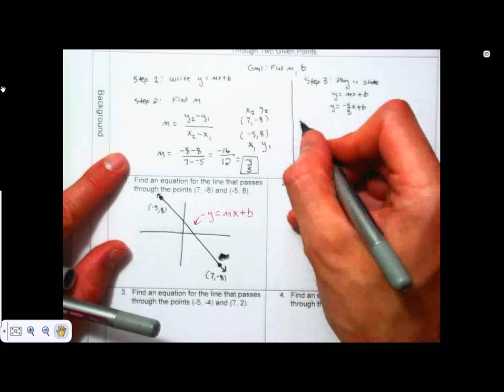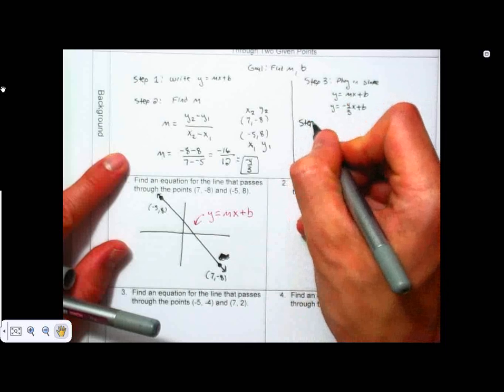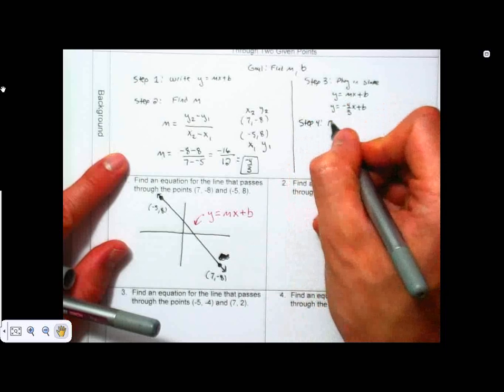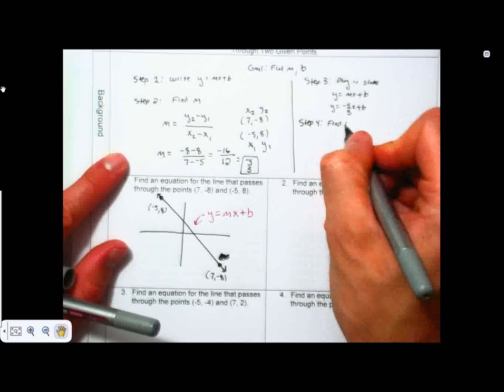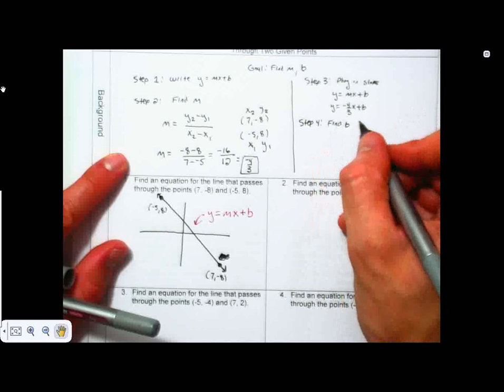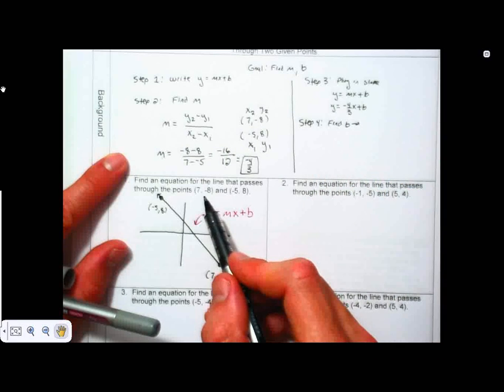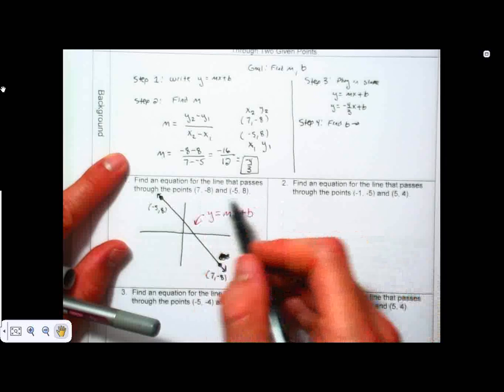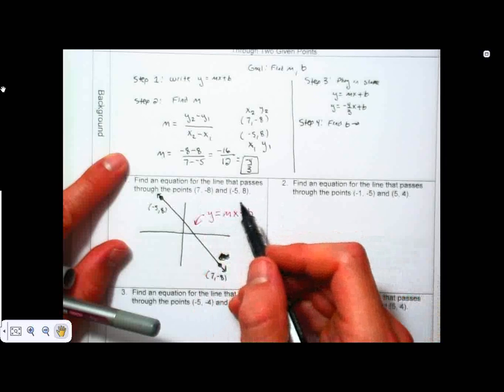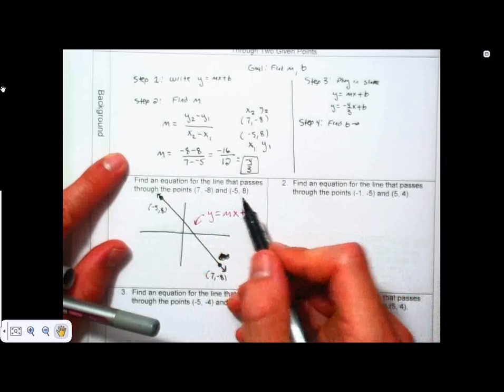Then step 3, or excuse me, step 4, is to find b. The way I'm going to find b is to use one of the points that's actually on my line. It doesn't matter which point I use. I'm going to choose (-5, 8).